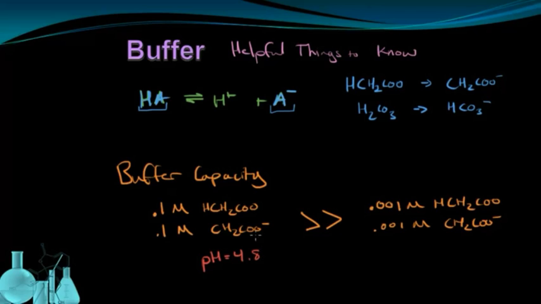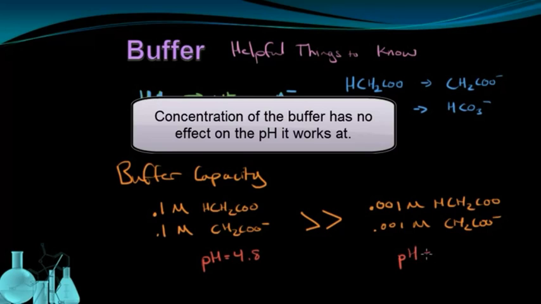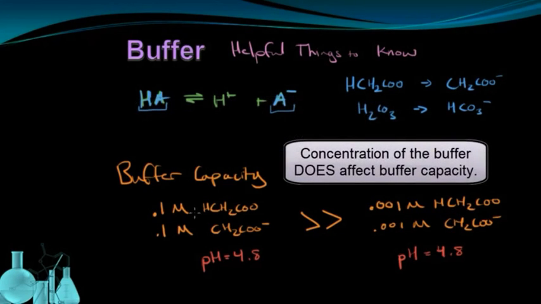Just because it's more concentrated, that doesn't have any effect on the pH that the buffer works at. This very low concentrated buffer also fixes the pH at 4.8. So buffers work independently of the concentration. The only thing the concentration of the buffer affects is how much acid or how much base it can absorb.